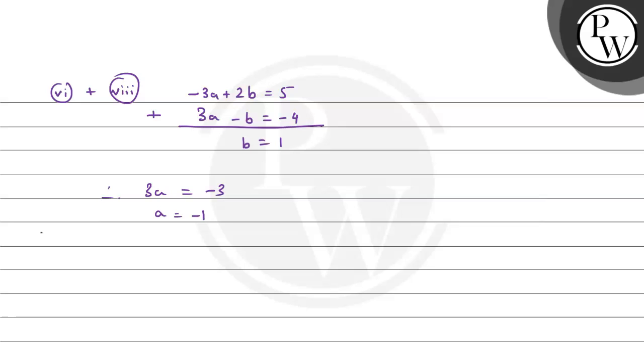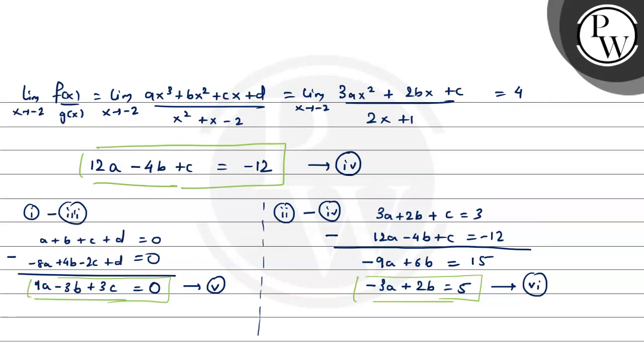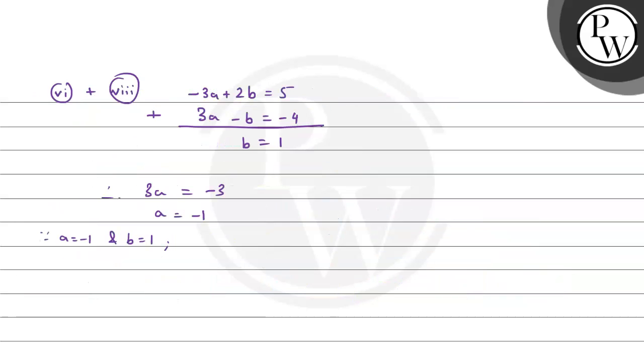Further, since a equals minus 1 and b equals 1, from equation 5, which says 9a minus 3b plus 3c is equal to 0, we substitute the values of a and b to get the value of c. So that is minus 9 minus 3 is equal to minus 3c.